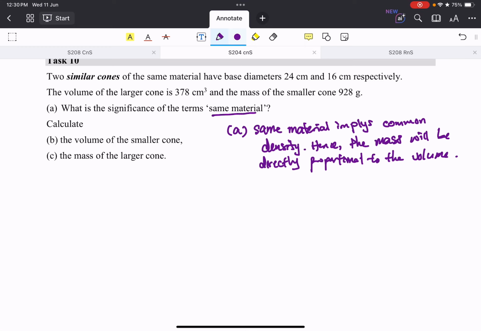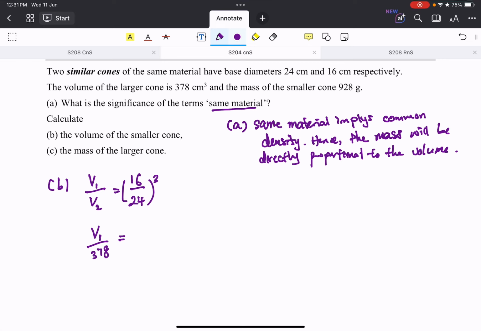Now if we want to find the volume of the smaller cone, we can compare it accordingly. For part B, the volume of the smaller cone, we call it W1, over the volume of the larger cone will be the base of the smaller cone to the larger cone, cubed. Let's plug in the information we know. The volume here is 378.